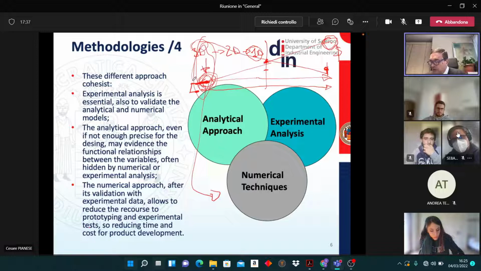But for sure, the accuracy of your analysis goes in this direction, of course, because experimental data are the real data. Here you have simulated data.